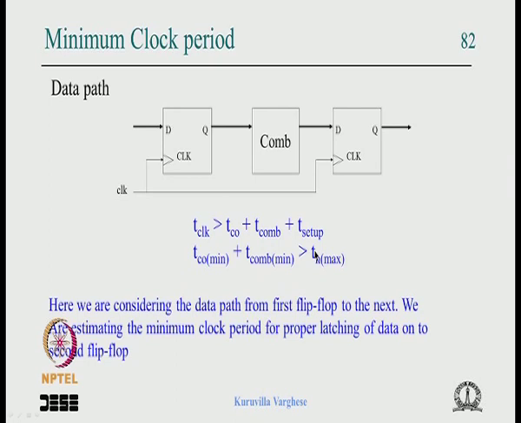Now one thing you should remember is that we are making a very simplistic assumption in all this analysis of the minimum clock period and the hold time violation. You can think about what this assumption is. The assumption, which is not very realistic, is that the clock reaches the source and destination flip flop at the same time.